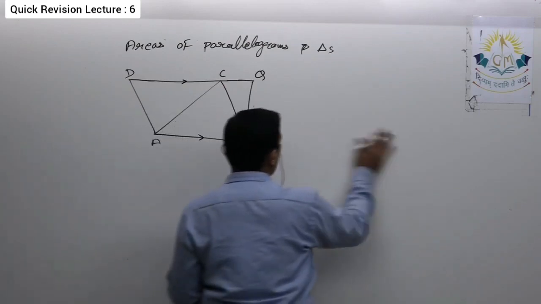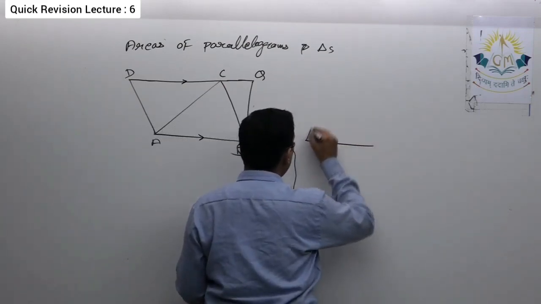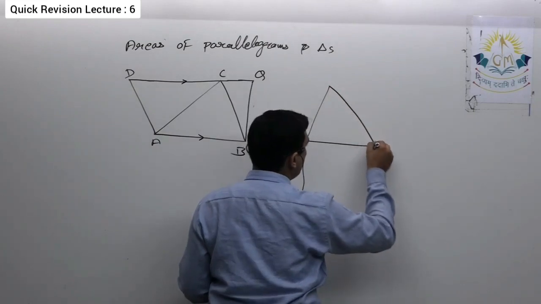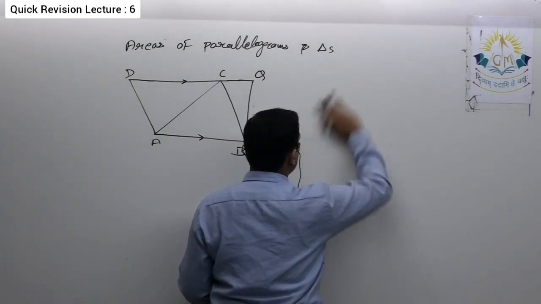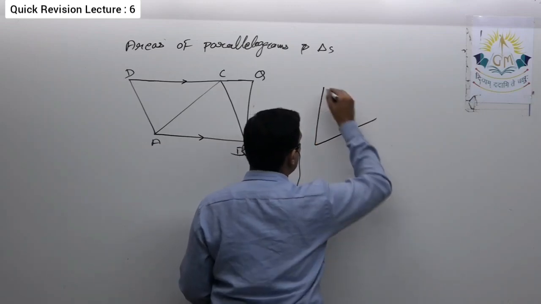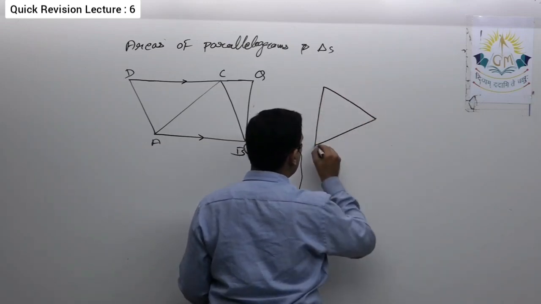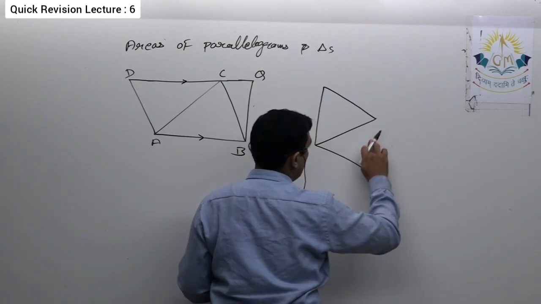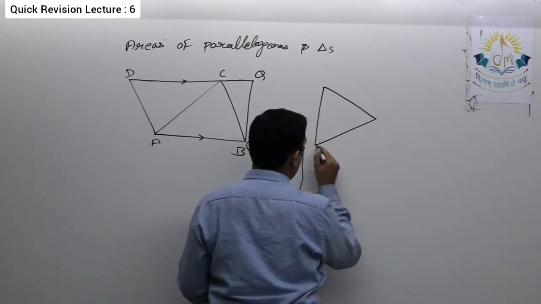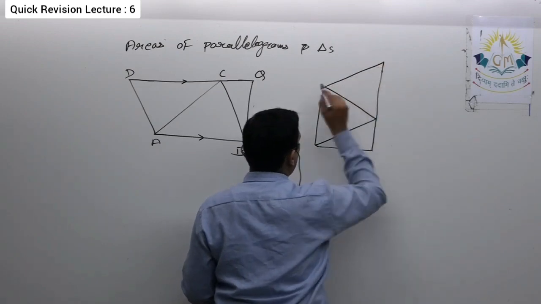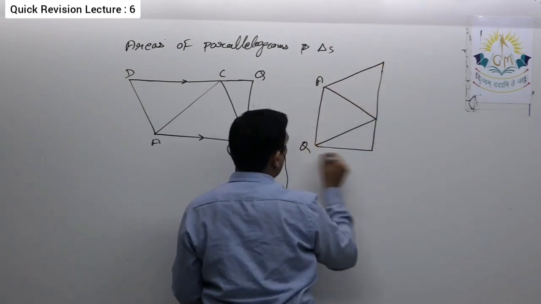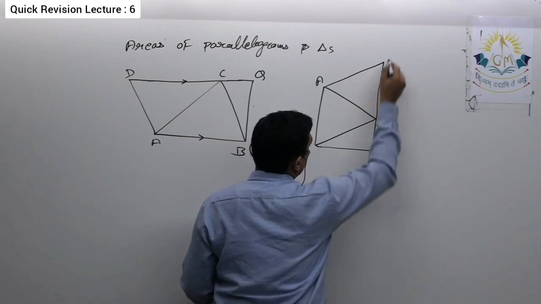Let us see one more example. This is a triangle, and if I take this again as a trapezium, AQZC.